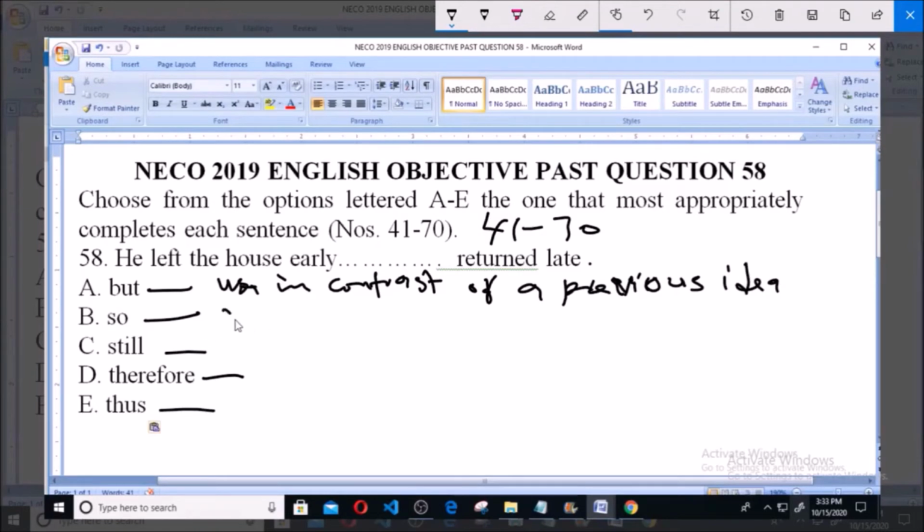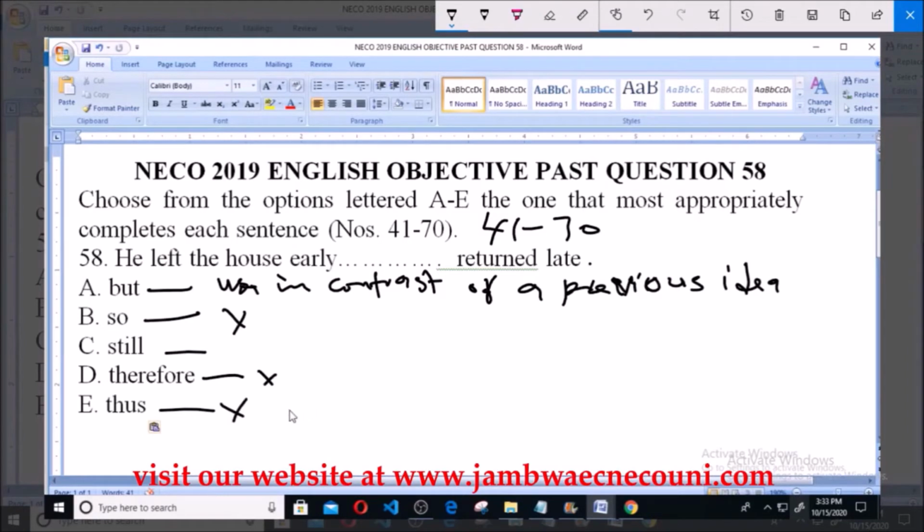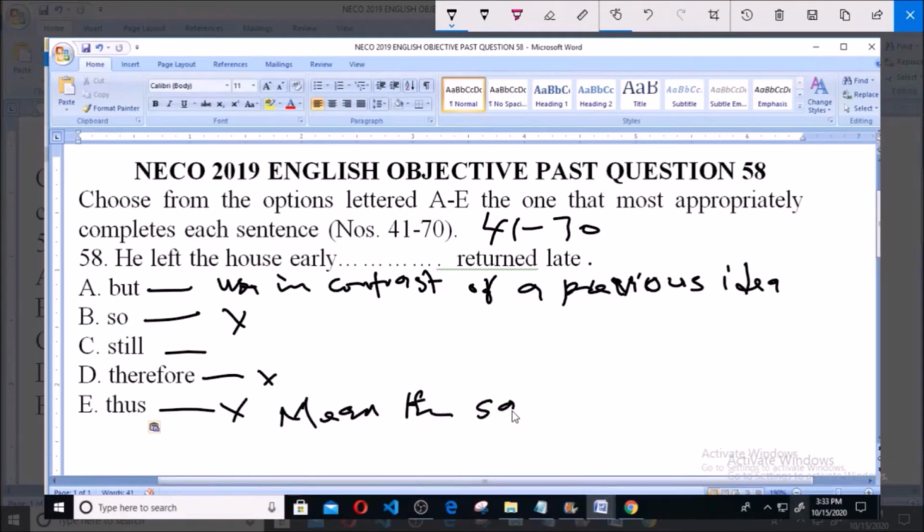Then so, therefore, and thus mean the same, except still. So we can now say that he left the house early, still returned late. So option C is correct.